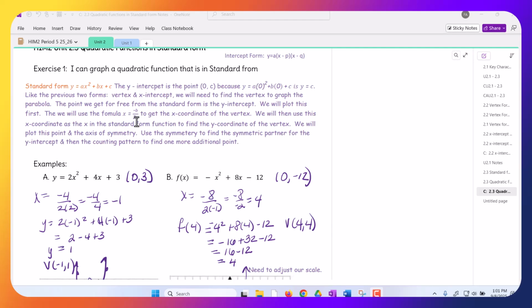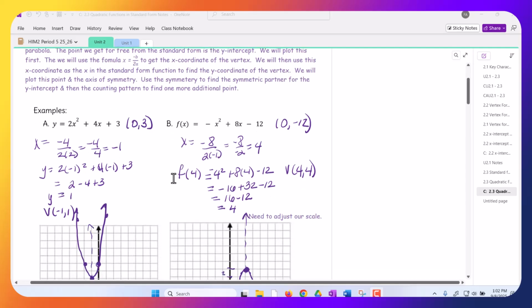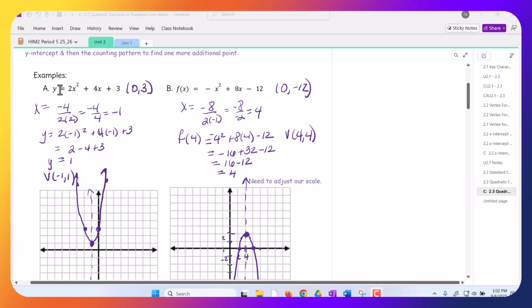We will then use this x-coordinate as the x in the standard form of the function to find the corresponding y-coordinate of the vertex. We will plot this point and the axis of symmetry. We'll plot our (0, c). We'll use symmetry to find other points, the symmetric partner for a y-intercept, and then the counting pattern to find one more additional point.